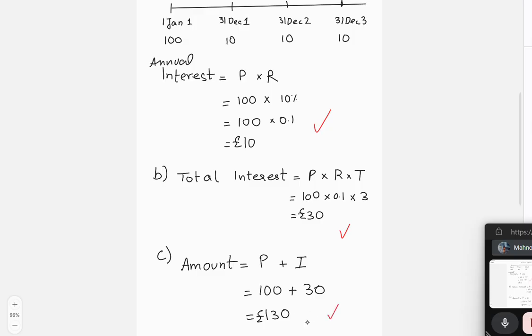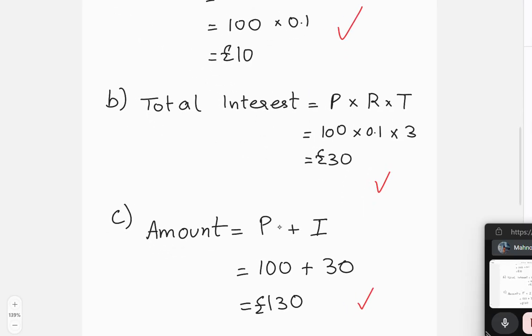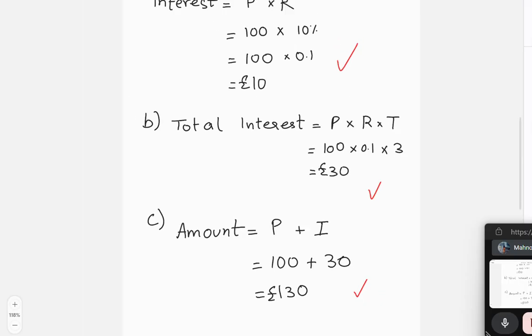And amount means the amount that she will get back at the end of the investment. So that is basically the principal and all of the interest for every year. She invested 100 and she got £10 for each year, and she invested for 3 years, so basically 30. And when you add them all together, you're going to get £130. Is that all clear?